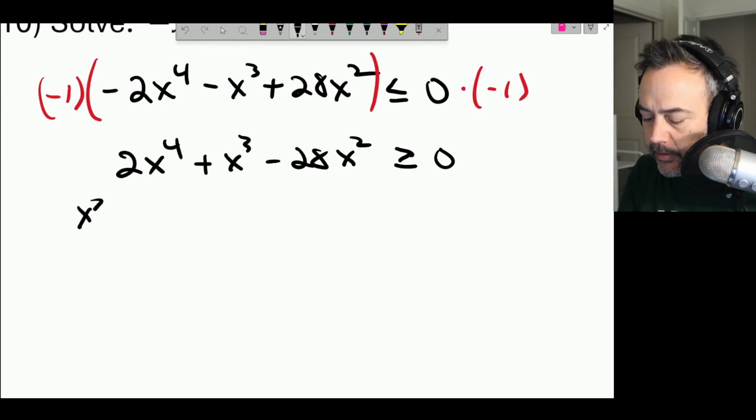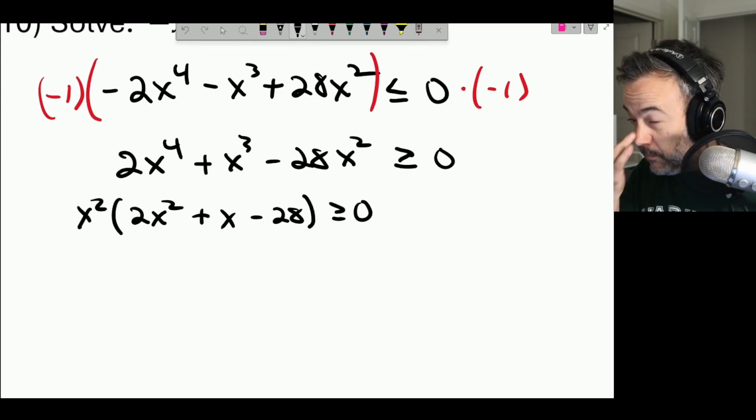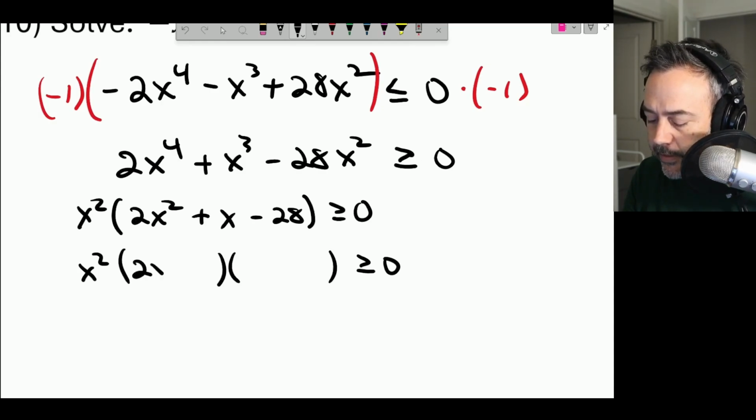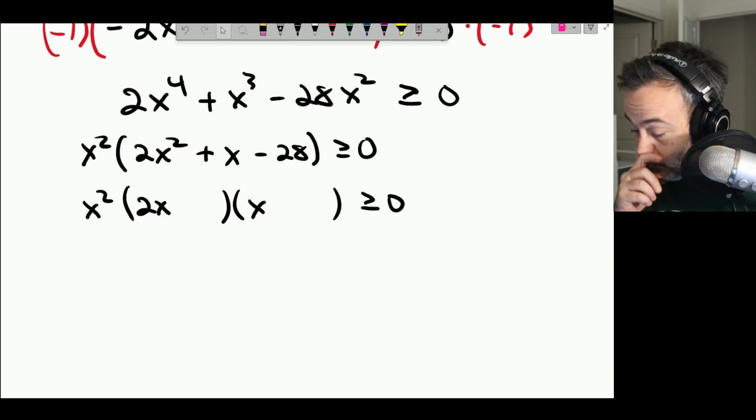Common factor of x squared, x squared times 2x squared plus x minus 28 greater than or equal to 0. This has to factor as 2x and x, and we just need to figure out what would work out. One of them needs to be negative, one of them needs to be positive.